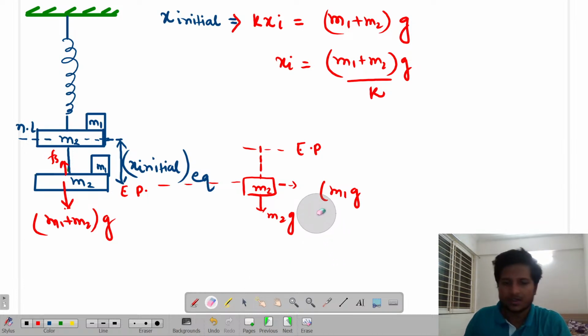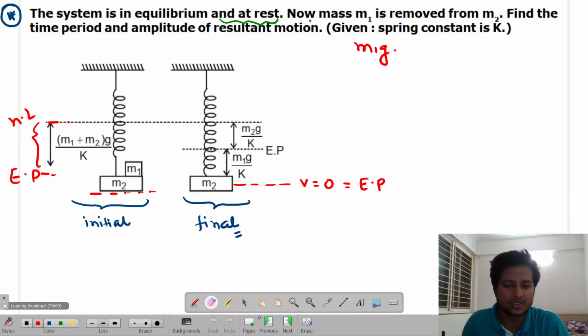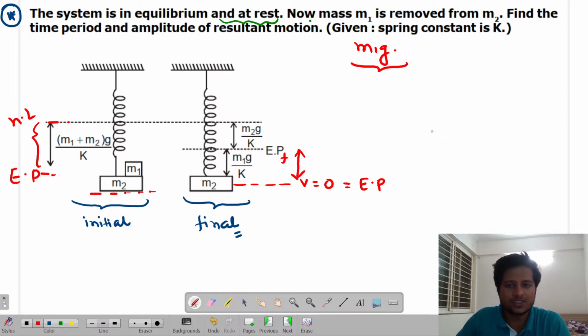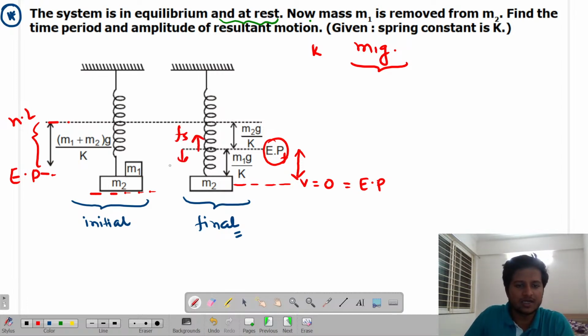Let's suppose it gets shifted by some distance, and this is my equilibrium point. The question arises: how much is this distance gap? I have reduced m1g, so if this is my final equilibrium point, then over here the spring force must be exactly equal to m2g.